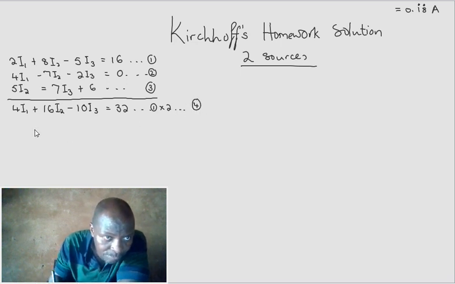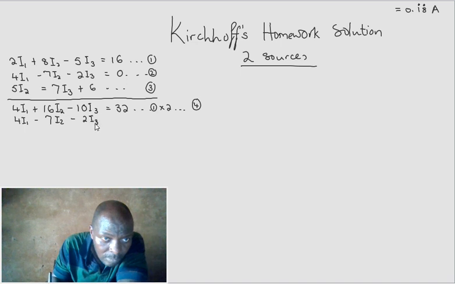Okay, then let's bring our 4i1 minus 7i2 minus 2i3 equals 0, and I'll call that equation 2. Then I'll subtract this. This is equation 4 minus 2.